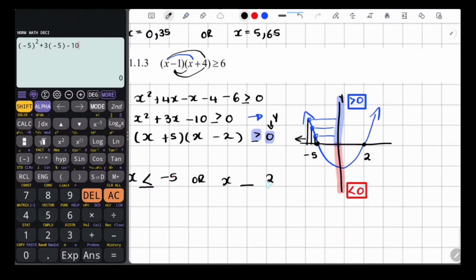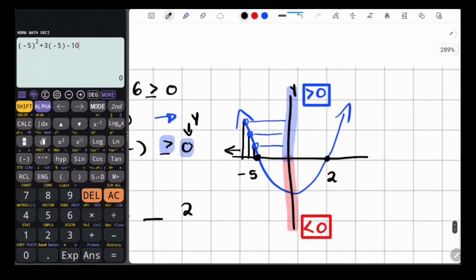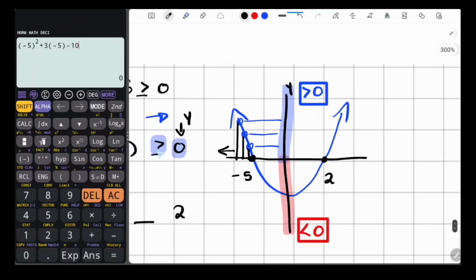And then we're going to do the same for the 2. So if we look at the graph again, and we're looking for y values greater than 0, all through here, you see these are y values smaller than 0. So we cannot take any of these parts of the graph. But the minute we reach here, you can see these have y values greater than 0. So since these have y values greater than 0, you have to tell them what the x values of these parts of the graph are.